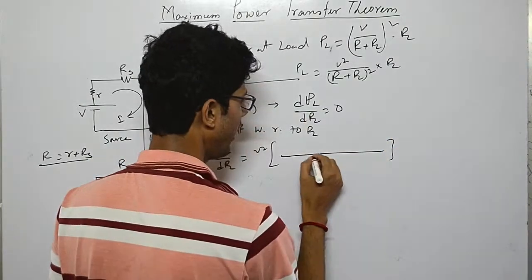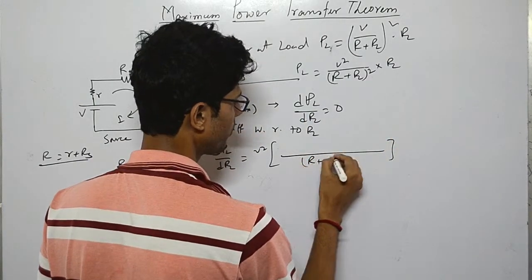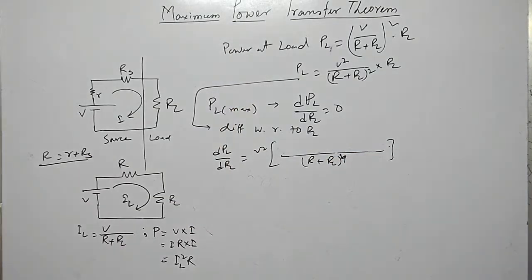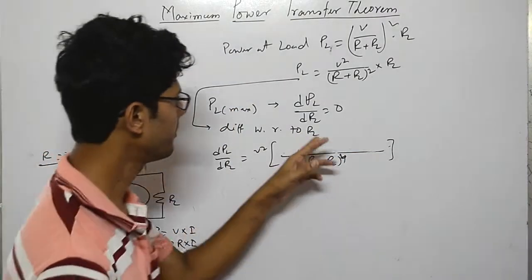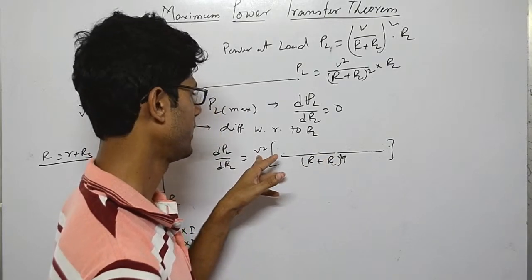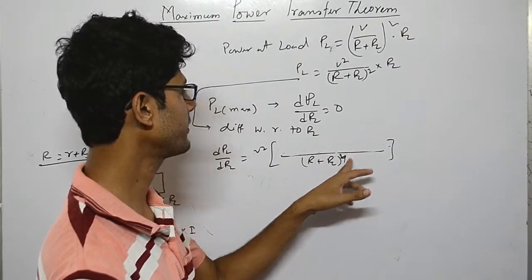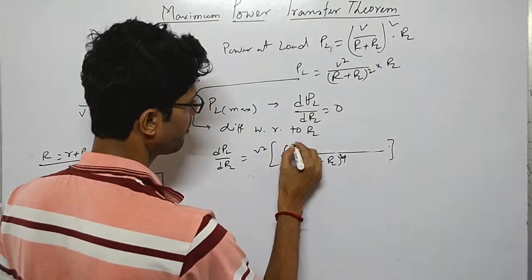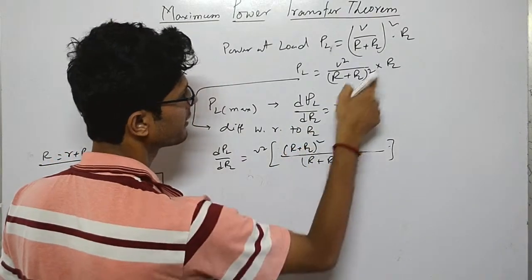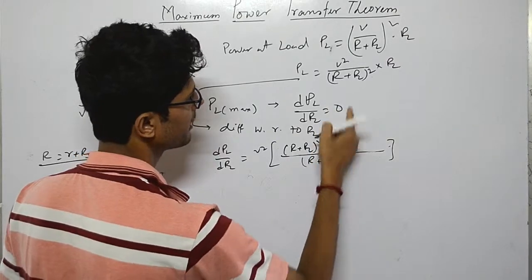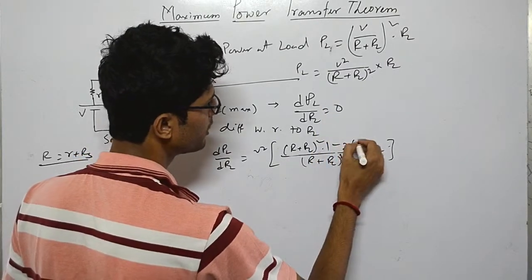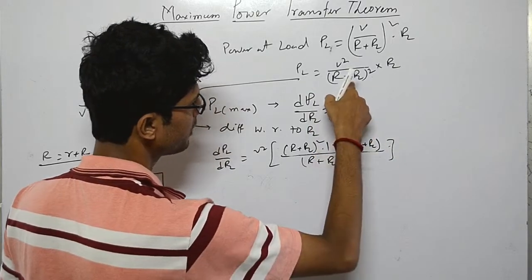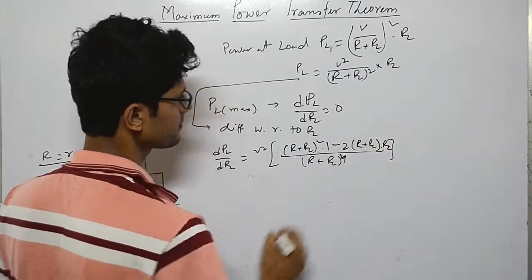The denominator is R plus RL whole square, so it is to the power 4. So it is V square, the constant, over R plus RL to the power 4. In the numerator, R plus RL square into the derivative of RL, which is 1, minus the derivative of the square term, 2, into R plus RL, and then RL.